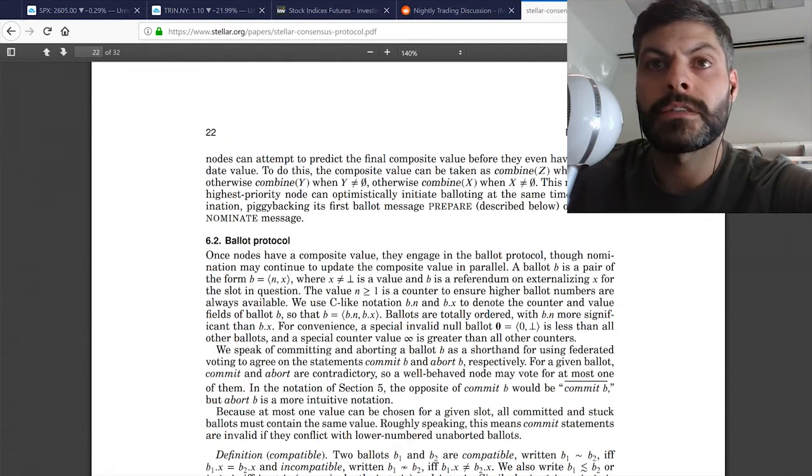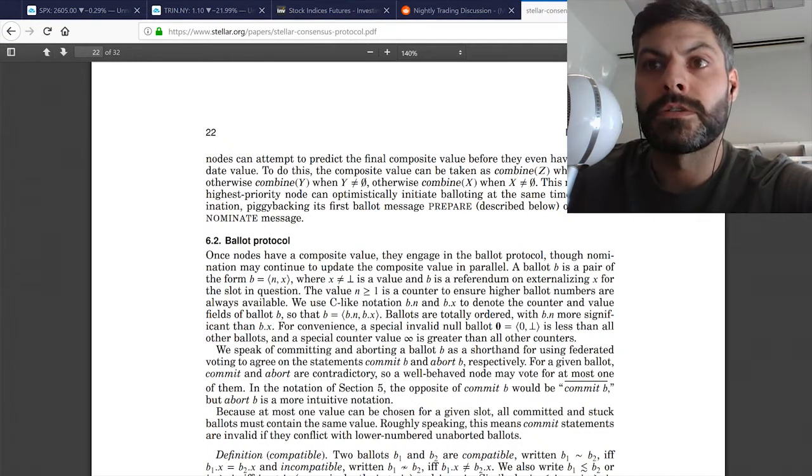The value n greater or equal to 1 is a counter to ensure higher ballot numbers are always available. We use C-like notation b.n and b.x to denote the counter and value fields of ballot B, so that B equals the tuple b.n, b.x.